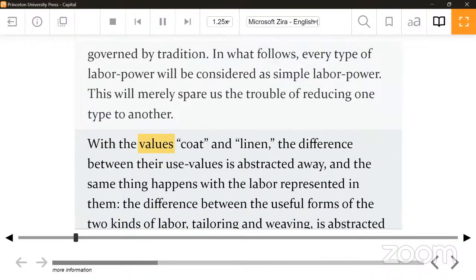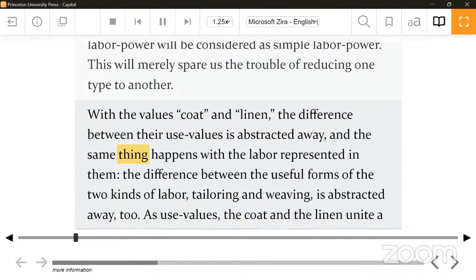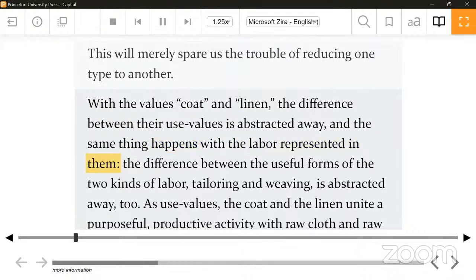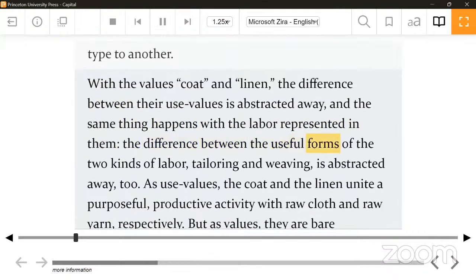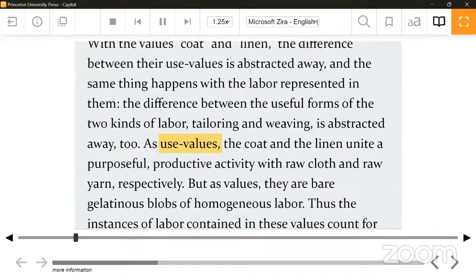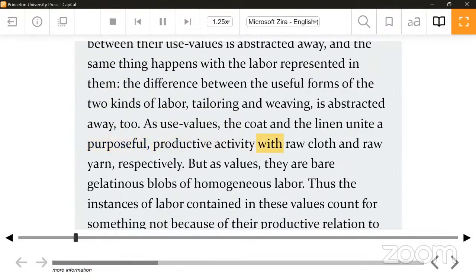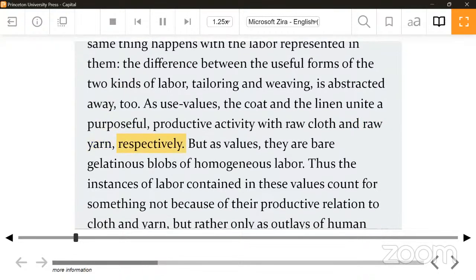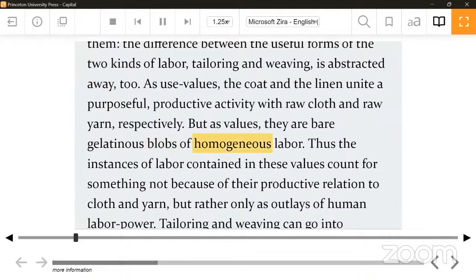With the values coat and linen, the difference between their use values is abstracted away, and the same thing happens with the labor represented in them. The difference between the useful forms of the two kinds of labor, tailoring and weaving, is abstracted away, too. As use values, the coat and the linen unite a purposeful, productive activity with raw cloth and raw yarn, respectively. But as values, they are bare gelatinous blobs of homogeneous labor.